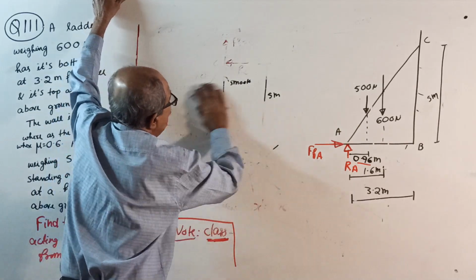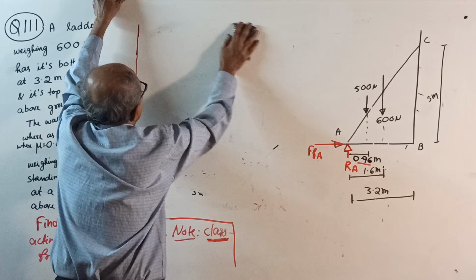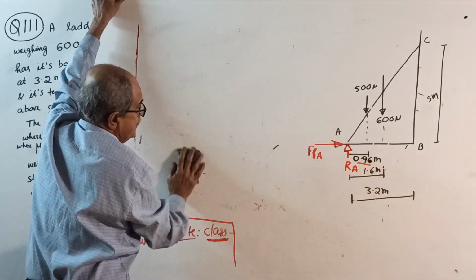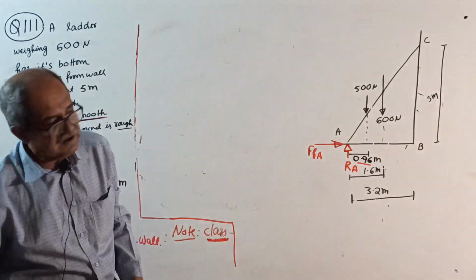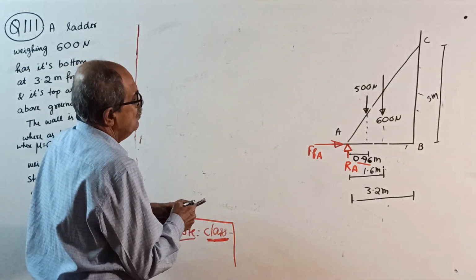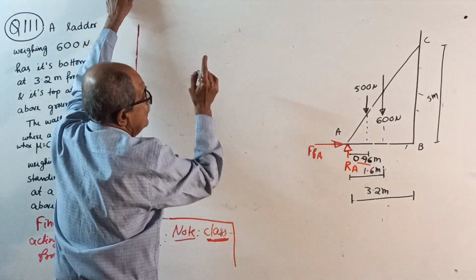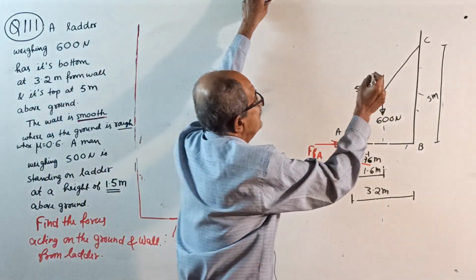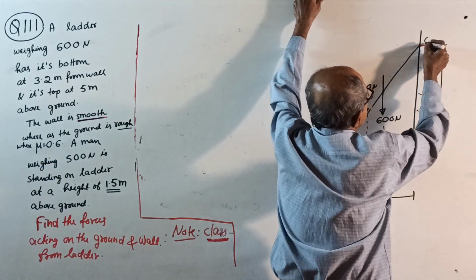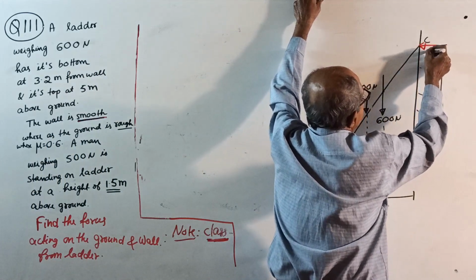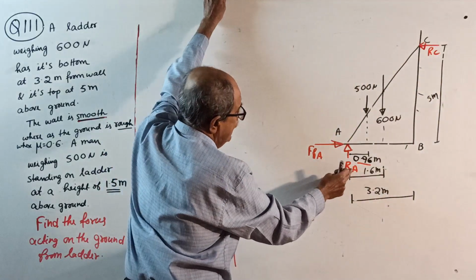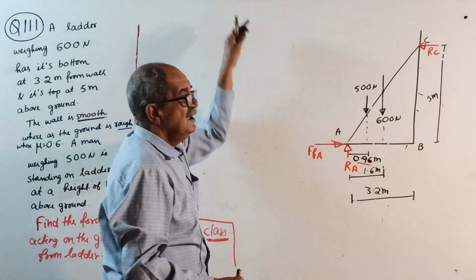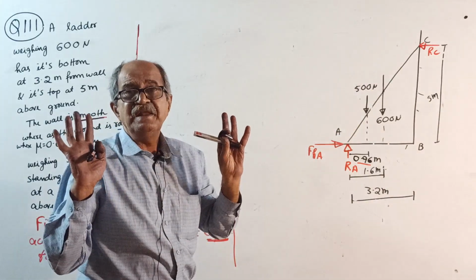I will give some extra information for you. See here. I start now. Sorry, one thing forgotten here: reaction RC. Friction is not there. RA and FFA are independent reactions.